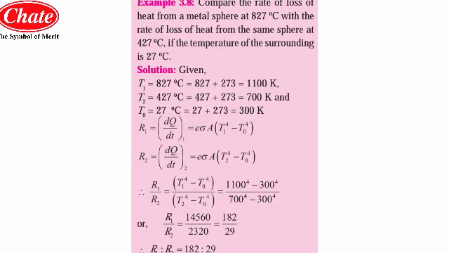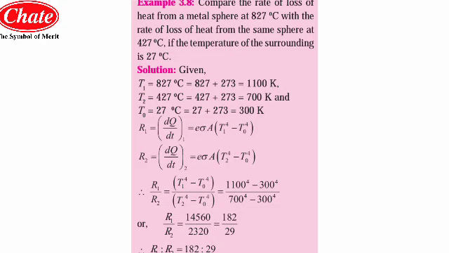Now we will calculate the rate of heat loss when the temperature of that sphere was 827 degrees Celsius. That will be our first heat loss rate, R1, and the second heat loss rate will be R2, when the same sphere was at 427 degrees Celsius.